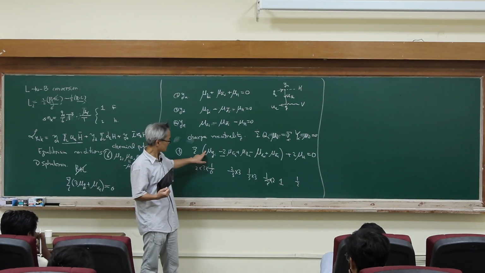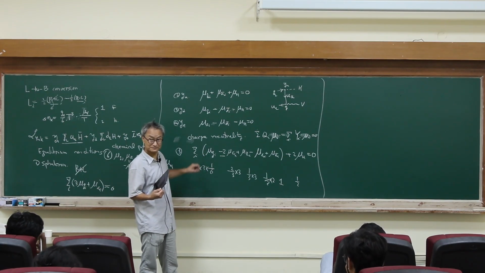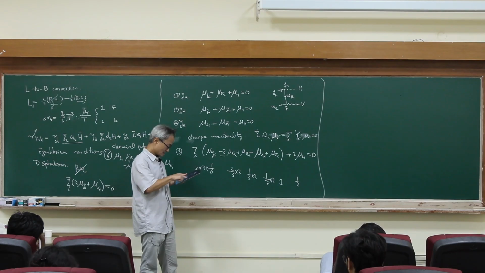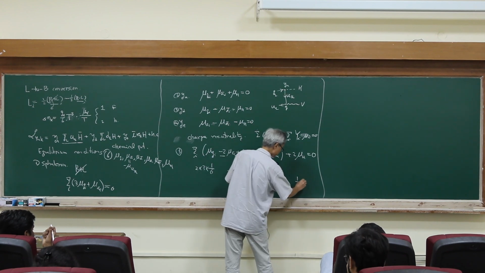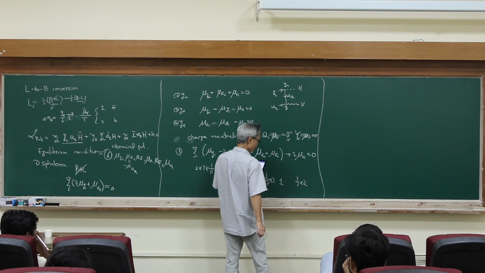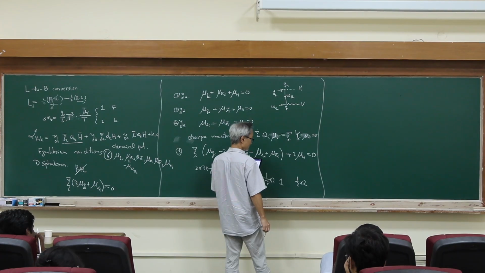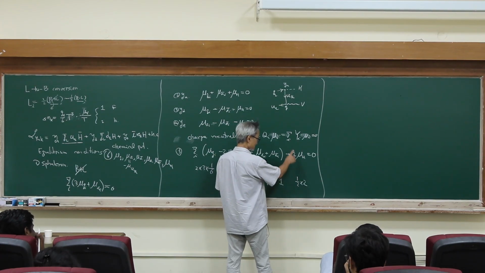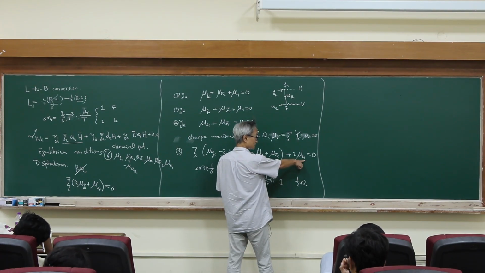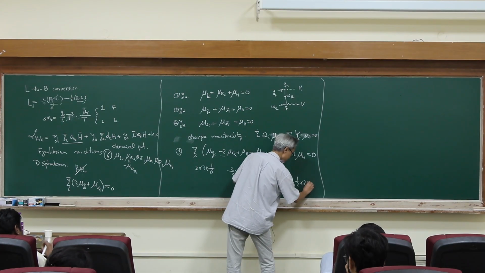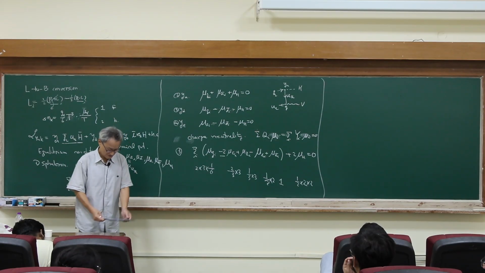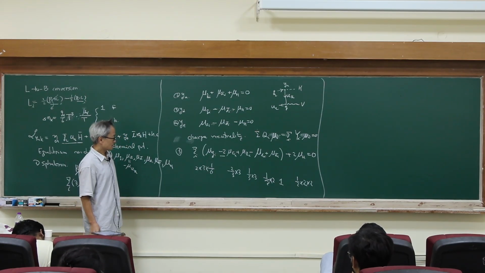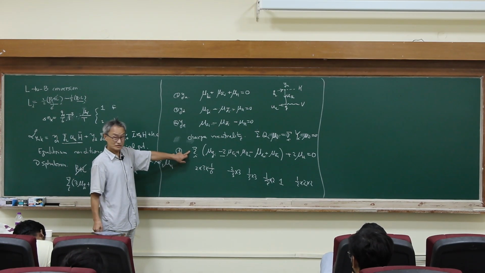That's why I have 1 here. The Higgs boson has 2 degrees, up and down. So that's how we get this charge neutrality condition.